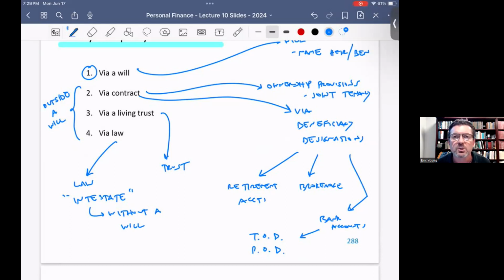But what if you don't want those people to get it? What if you want your life partner to get it? Well, if you die without a will, then the law is going to dictate where your assets go. And that might not coincide with your wishes. This idea of dying intestate is never good. It's especially bad if you are unmarried, but you're in a committed life partnership.